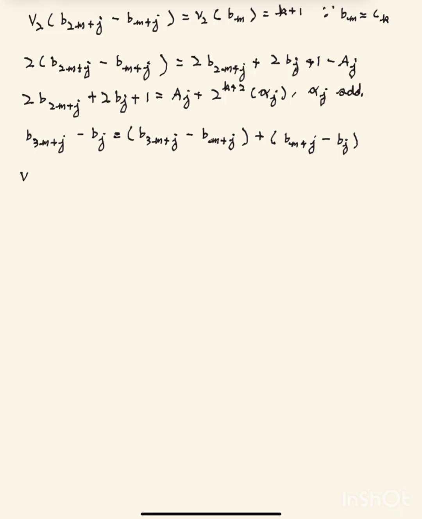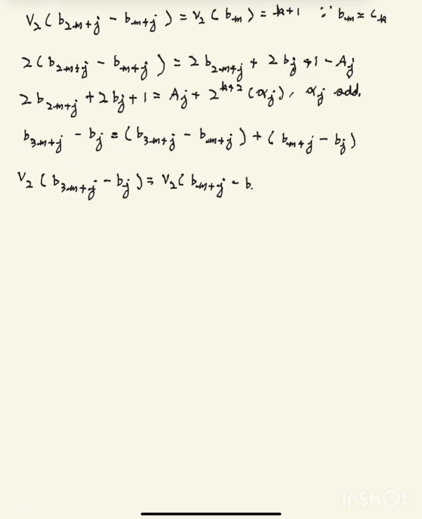So v2 of b_{3m+j} minus b_j is equal to v2 of b_{m+j} minus b_j. Again, we have this as v2 of b_m, which is equal to k plus 1.